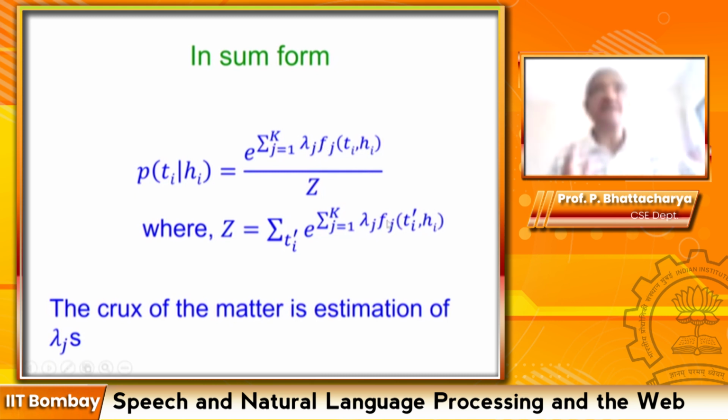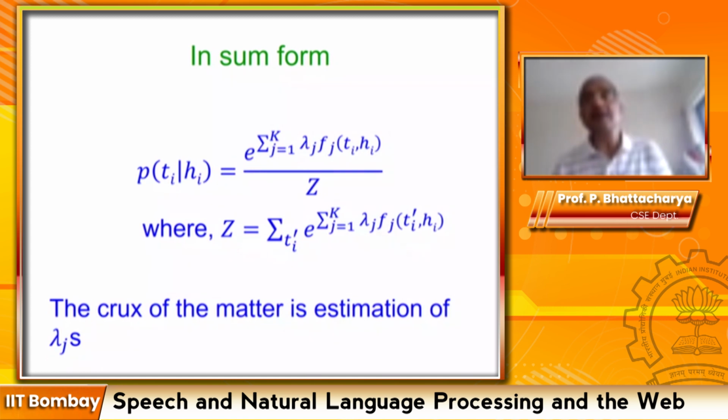And if it is the simplified chunking problem, then Ti dash takes only two values, B and I, beginning of the chunk and inside the chunk. So for chunking, the denominator will have only two expressions, A plus B, where A is for B and B is for I. So two quantities only in the denominator. This is the way the probability at a position for Ti given Hi is expressed.